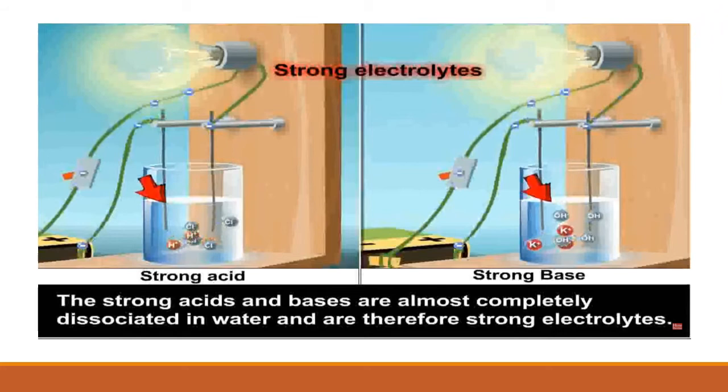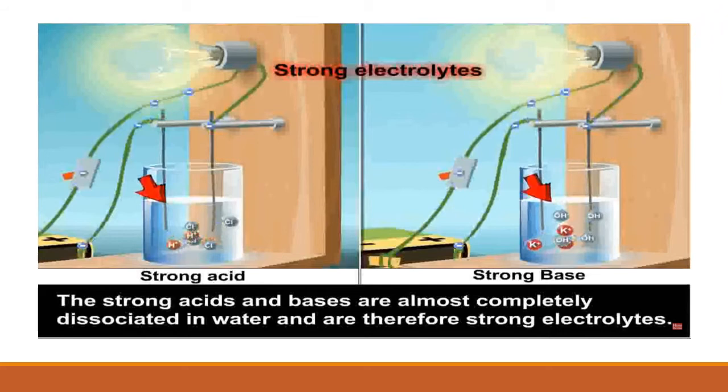Most of our compounds are divided into strong electrolytes and weak electrolytes, depending on how strong the charges are, or how strongly it will dissociate. Strong electrolytes are strong acids and strong bases. When these come together, there will be a separation of our positive and negative charges, making the light bulb light.